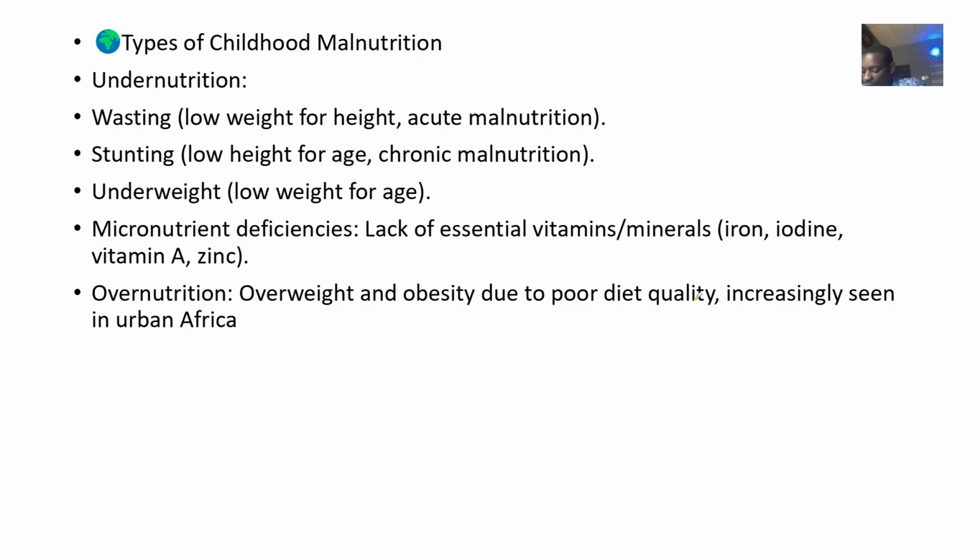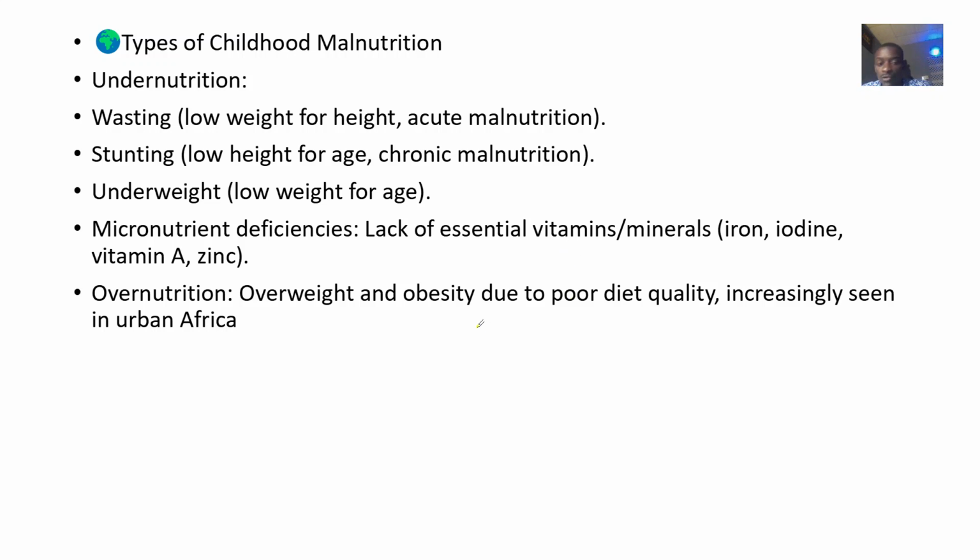Okay, so what we have here is this. So undernutrition is wasting, that's low weight for height. Acute malnutrition. Stunting, that's low height for age. Okay, underweight, the baby just has a low weight. The baby is also lacking in micronutrients. So micronutrients are all those vitamins, minerals, ions, iodine, vitamin A, zinc, and all of that.